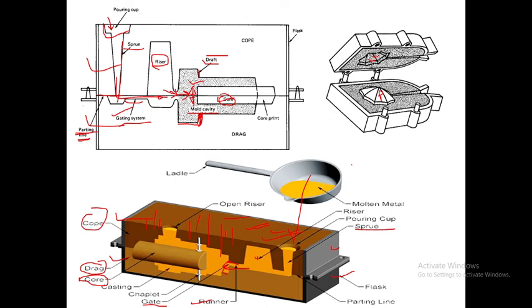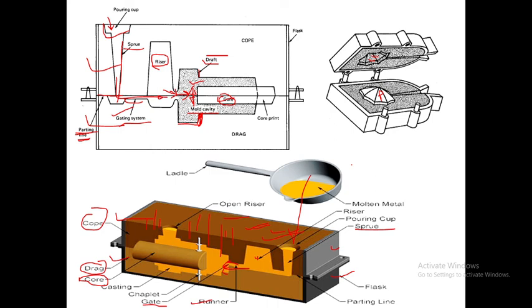Also, good permeability of molds and cores allows gases and steam evolved during casting to escape easily. The mold should have good collapsibility. That means whenever the casting shrinks while cooling, the mold should have good collapsibility to avoid defects in the casting.